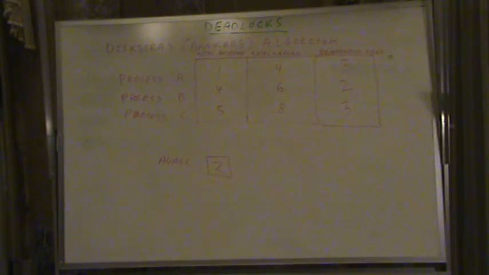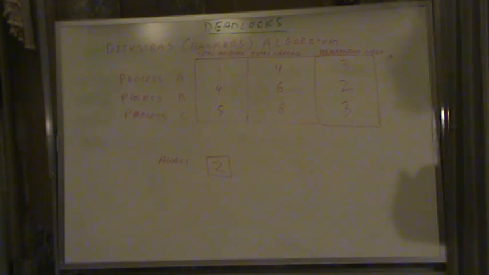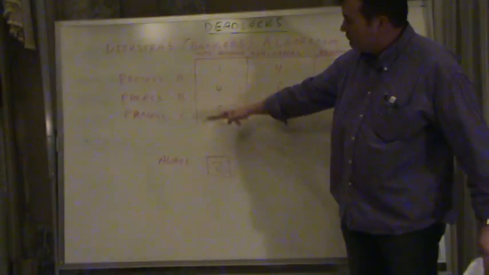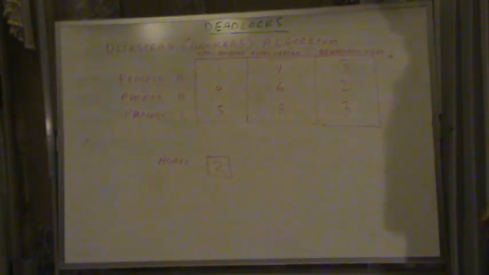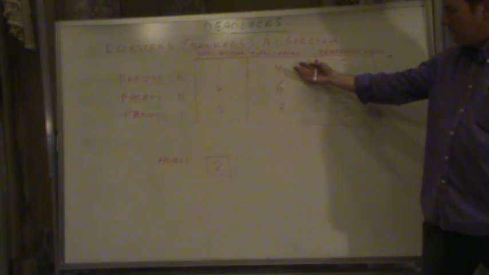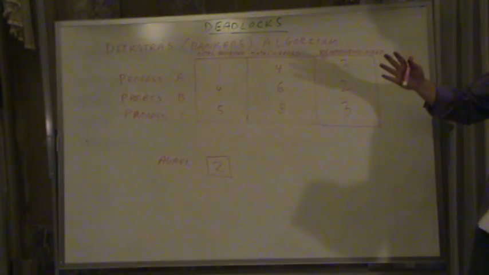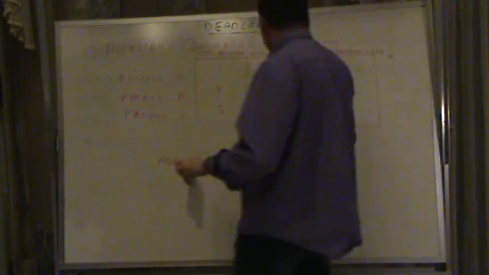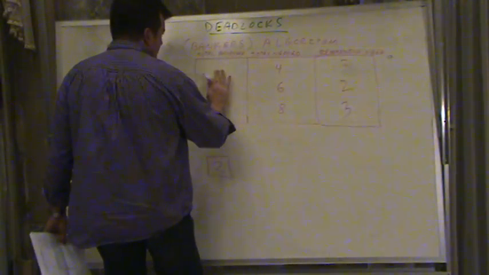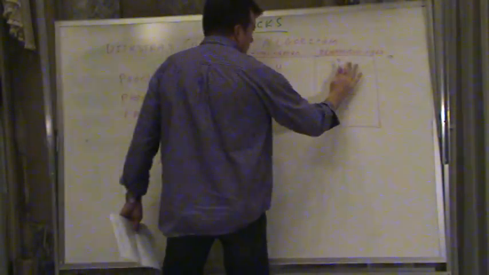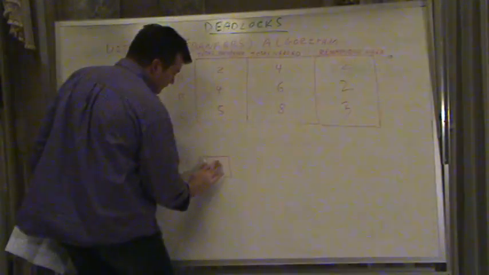So, did anyone say no or yes? No? Well, okay, so what may happen: A, B, and C are running, and the next thing that may happen is A may request 1. If we grant that request, we'll be in this situation. It will have 2, it'll need 2 more, and we'll only have 1 left to give out.